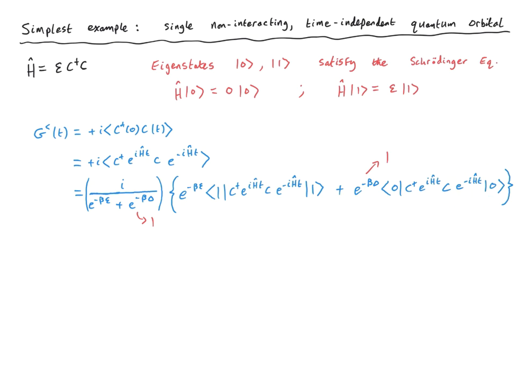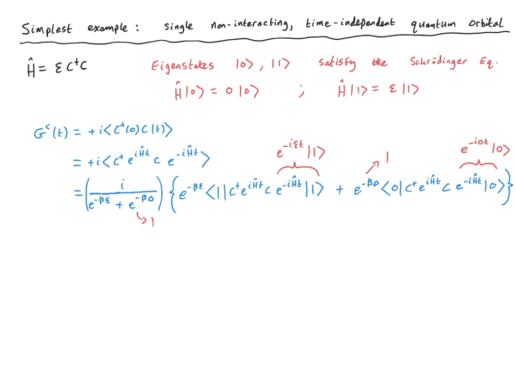That's because this exponential operator involves the Hamiltonian, and we're working in the eigenbasis. The first of these terms gives us e to the minus i epsilon t acting on the 1 state. That's because the 1 state is an eigenstate of the Hamiltonian, whereas the second one gives us e to the minus i0t, and again this factor is just 1 in the end.